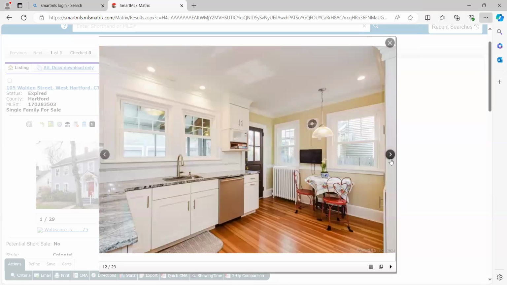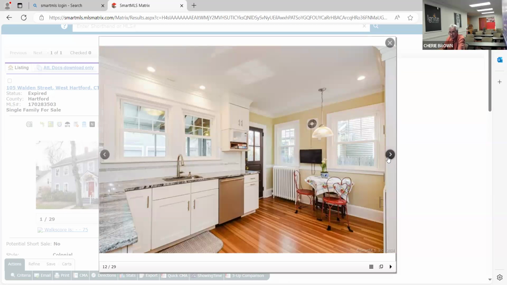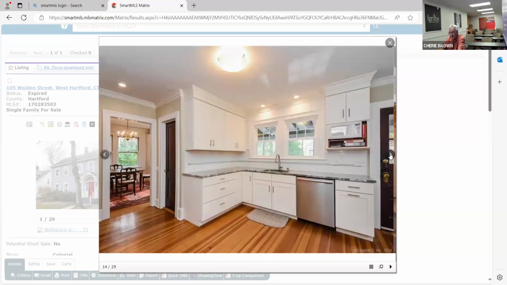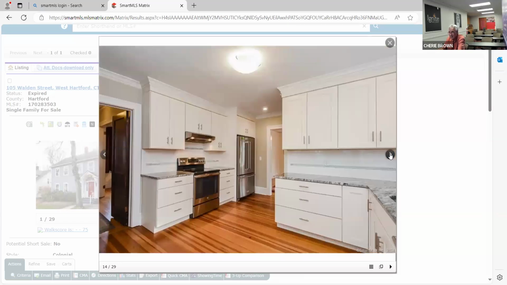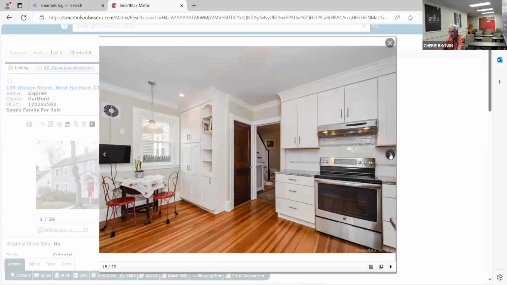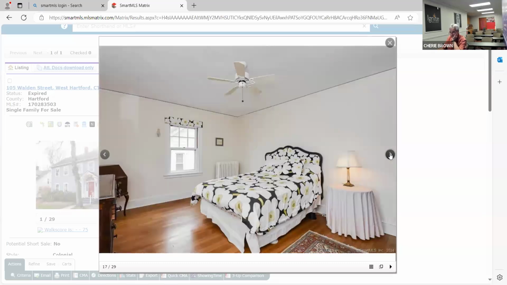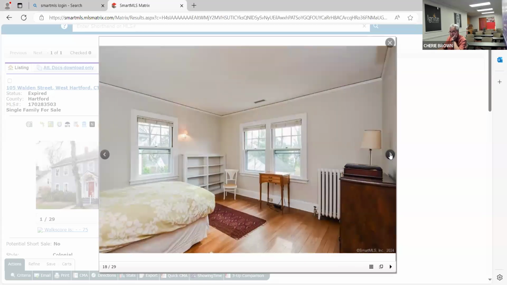Not too much going on there. Definitely some upgrades in the kitchen. Those are newer countertops and cabinets and so forth. So at some point, newer windows here and here. Definitely improved. Just good overall condition. Nice.